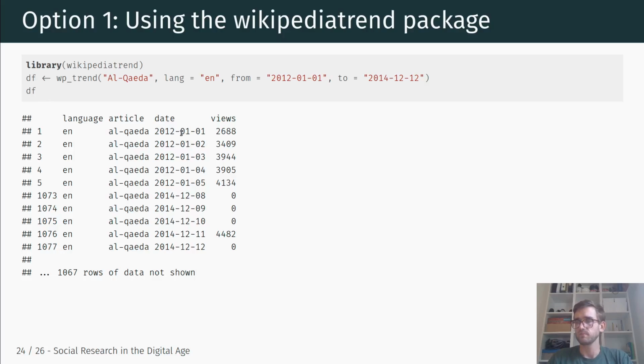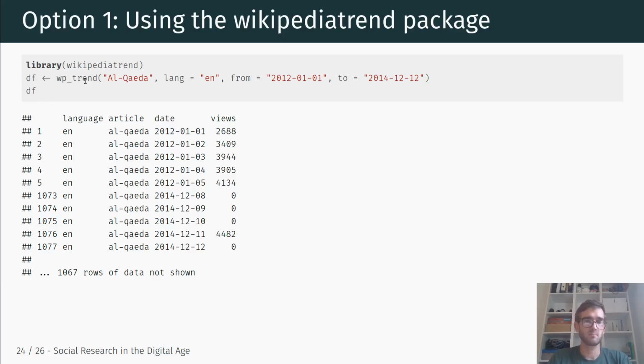In order to group this by year, month, you could either try to transform this as a string and then cut off the day information. Or if you look in the Wikipedia trend package, there's a function in there as well that allows you to directly extract that information. So it should be fairly straightforward.